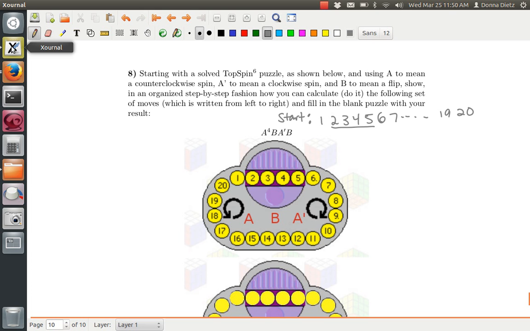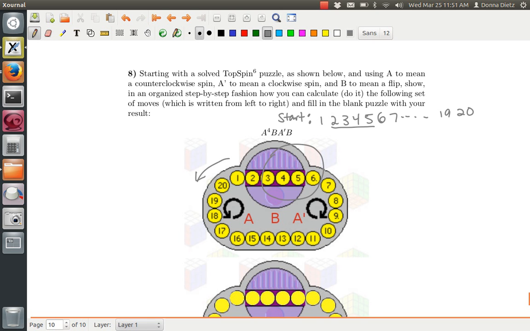A means to move the pieces this way, but it could also mean move the disk. If I move all the pieces over so that 2 is over here, then 3, 4, 5, 6, 7, that could happen. Or it is really like taking and moving the disk over this way.